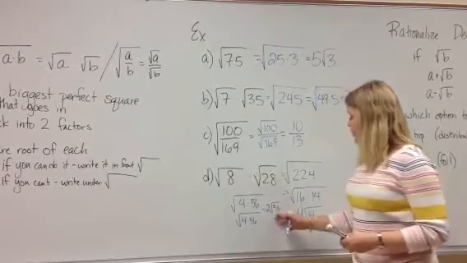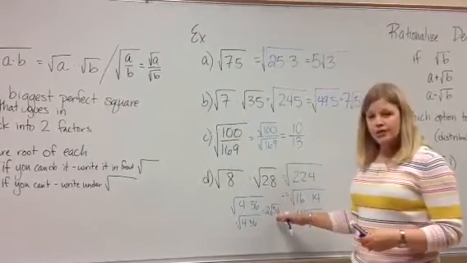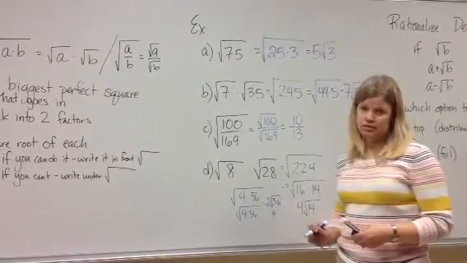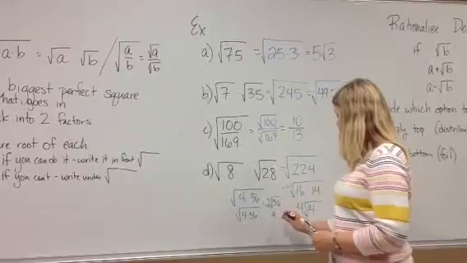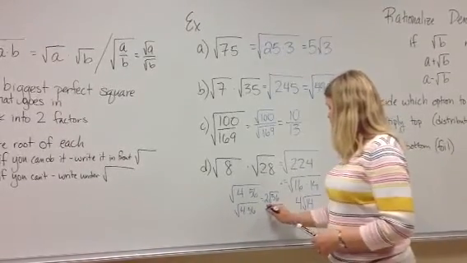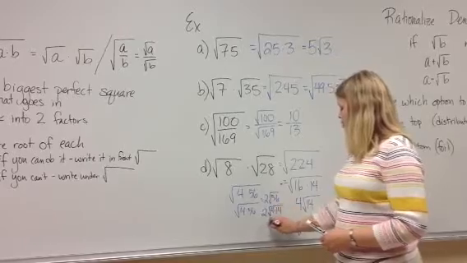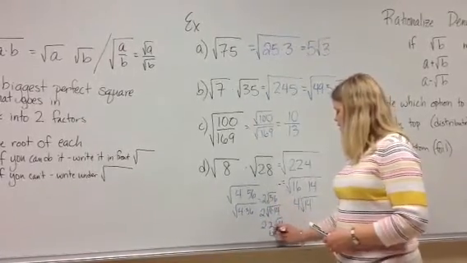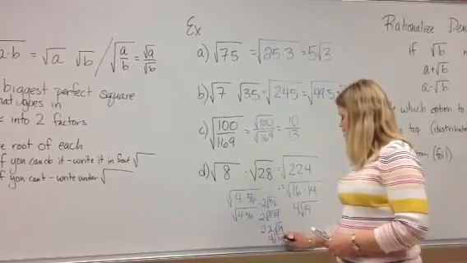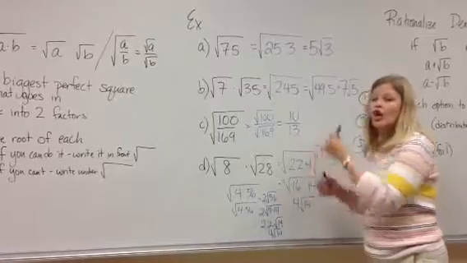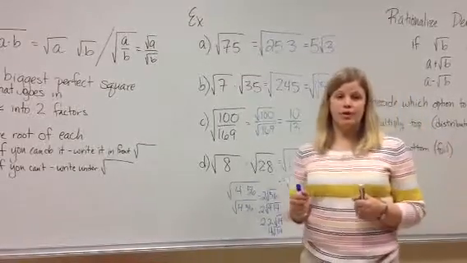But here's the problem, 56 has a 4 in it as well. So then you'd have another step, and 4 goes in there 14 times. Can you take the square root of 4? Yep, it's 2. And you've got that. At the end, you do get the same answer, but I sure think this is trickier. Look for the biggest perfect square.